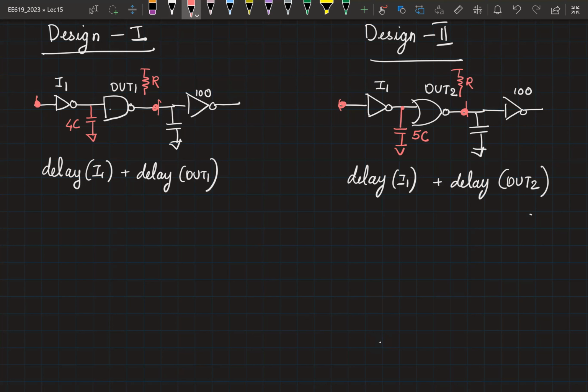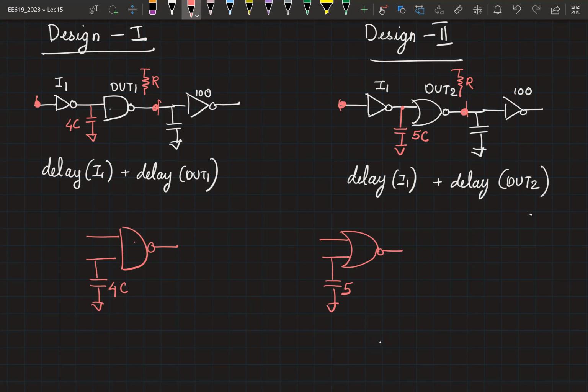Okay? Now for the same drive strength, DUT1 and DUT2 are offering different input capacitances. Right? Now let's say I normalized the input capacitances and I were to compare the drive strength that the DUT is offering. So I want to change the size of DUT1. This is now offering a capacitance 4C. The DUT2 was offering a capacitance 5C.